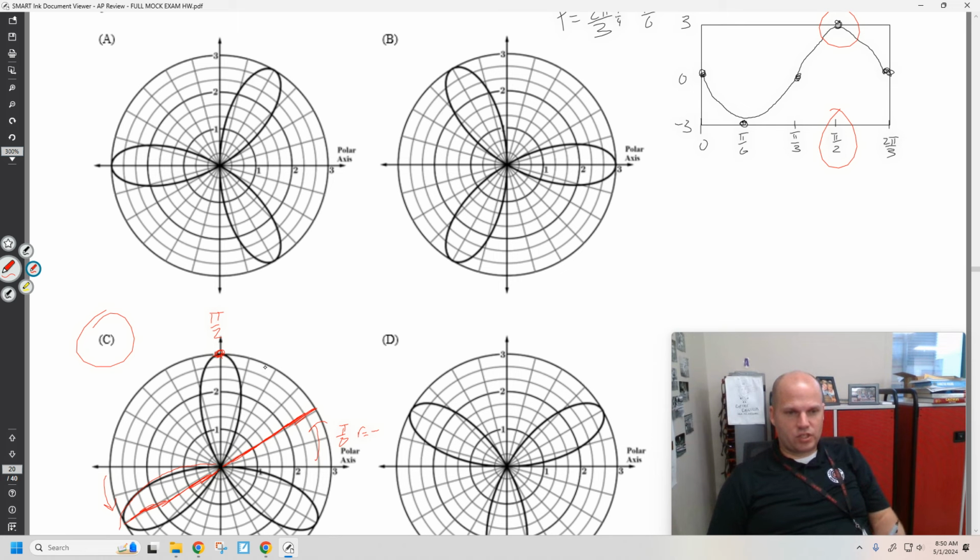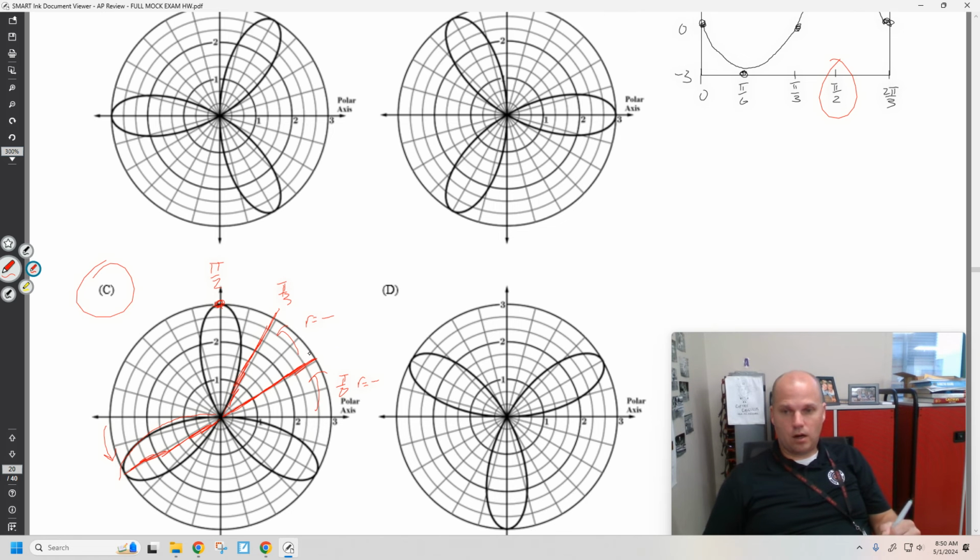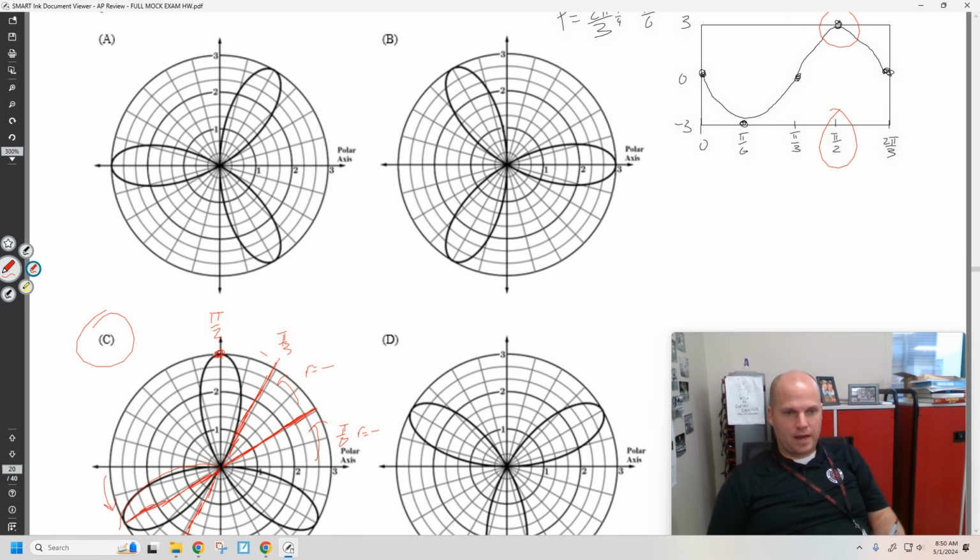Then from pi over 6 to pi over 3, I also see negative radiuses that are decreasing. So that would show up in the opposite quadrant as negative radiuses starting here and decreasing till there. And then from pi over 3 to pi over 2, I have these positive radiuses that are increasing.